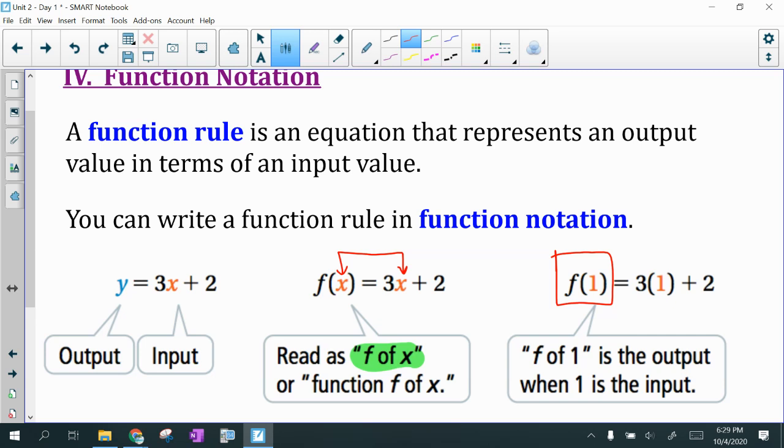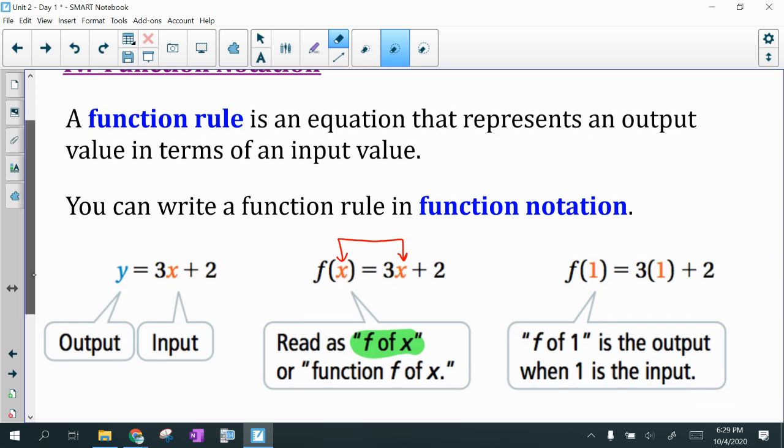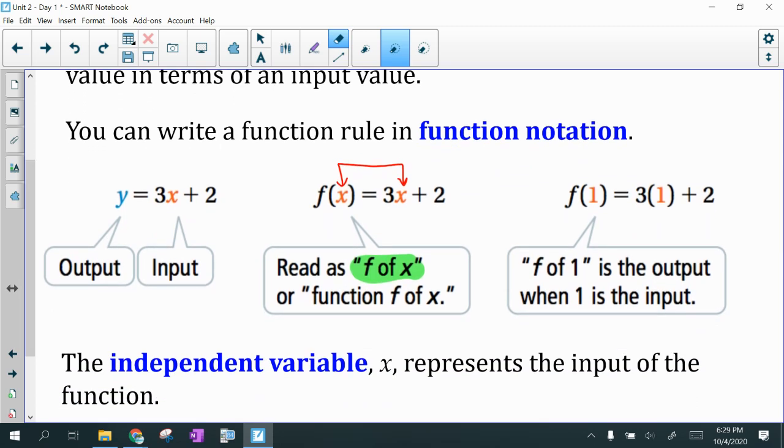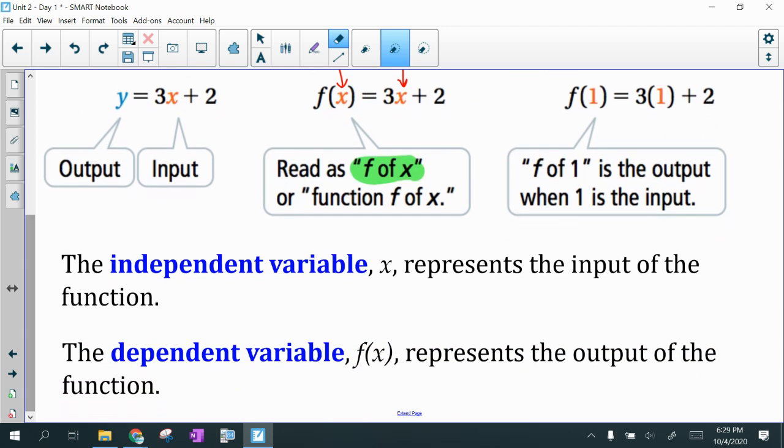This is one of these things that people struggle with. As long as it's numbers, it's pretty easy, but once we get into variables, people tend to struggle a little bit more. Once again, I need to emphasize that the independent variable is the x. That's what you plug in. And the dependent variable f of x represents the output of the function.